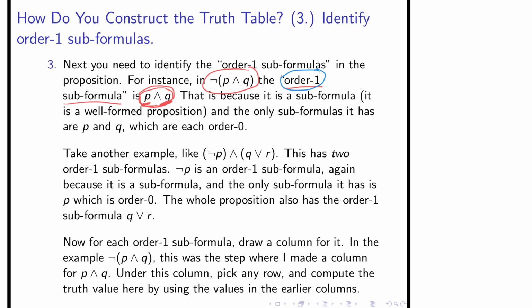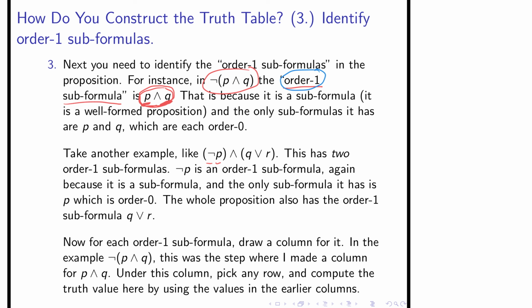But let's see this in another and more complicated proposition. Well, what do we have here? So we have the variables P, Q, and R. But negation P, that's going to be an order one subformula because, again, the logic here is that if you look at negation P, P has order zero.